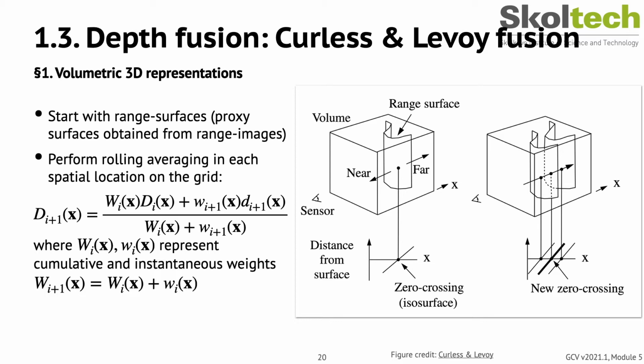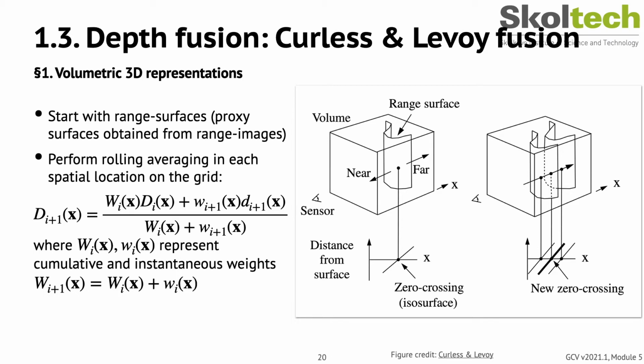The intuition behind the method is that if we're given a range surface, which is basically a mesh, then we can compute a TSDF, that is the distance from each of the subvolumes in the volume of interest to that particular range surface.